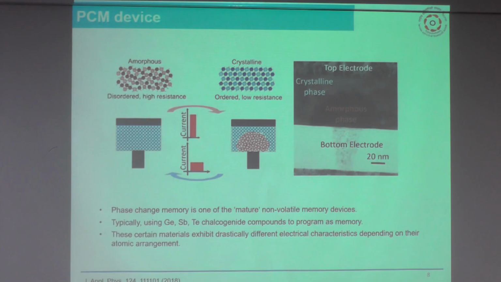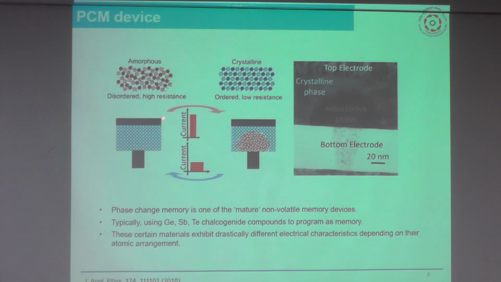So now again, the fundamentals of the PCM device, which we have seen earlier. This is the amorphous and crystalline, disordered high resistive and ordered low resistive region. By providing appropriate electrical pulses, you go from low resistance to the high resistive amorphous region. So you need to provide a reset pulse, which is of comparatively higher magnitude compared to the set pulse, as you can see.